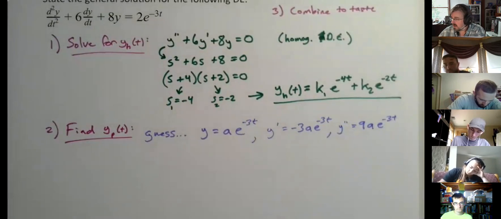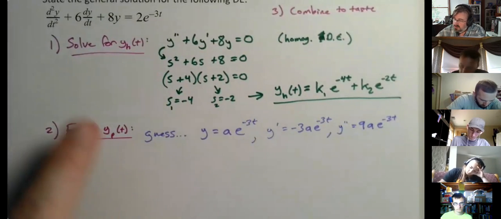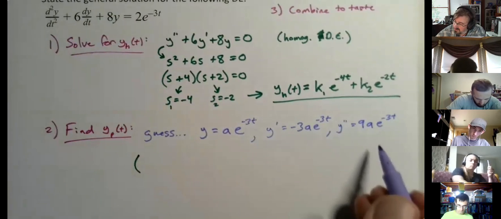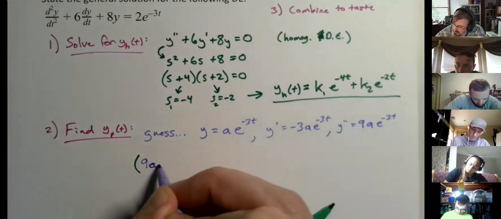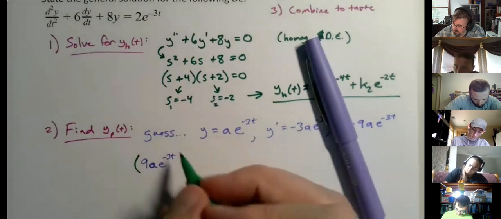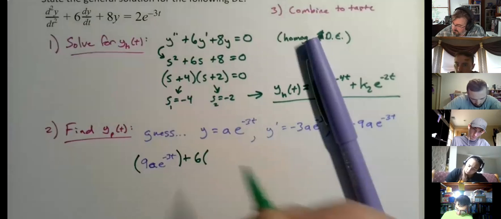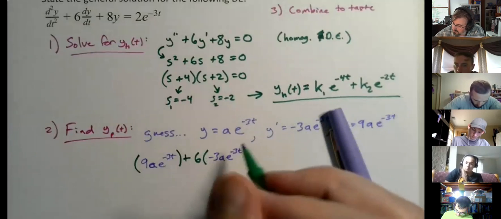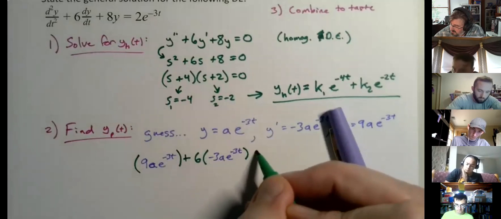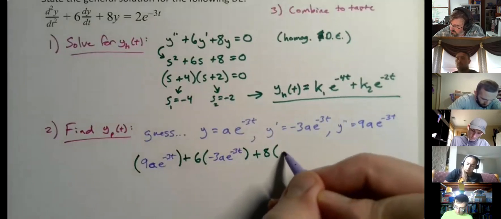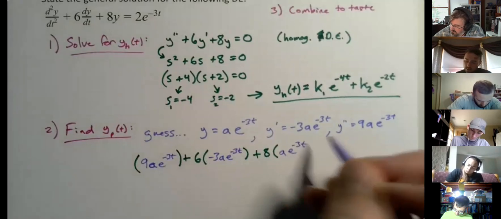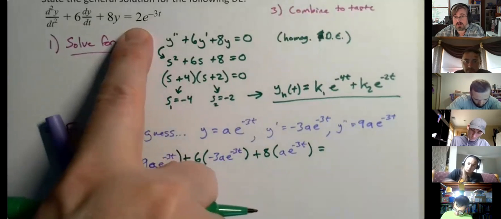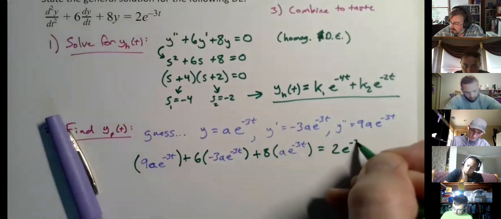So if I guess that, I should be able to take this thing and stuff it into my original differential equation. And so my second derivative was 9a e to the minus 3t plus 6 times my first derivative, which was negative 3a e to the minus 3t, plus 8 times the original lucky guess, which is a e to the minus 3t. And then the right-hand side, because we're dealing with the actual original equation, is 2e to the minus 3t.